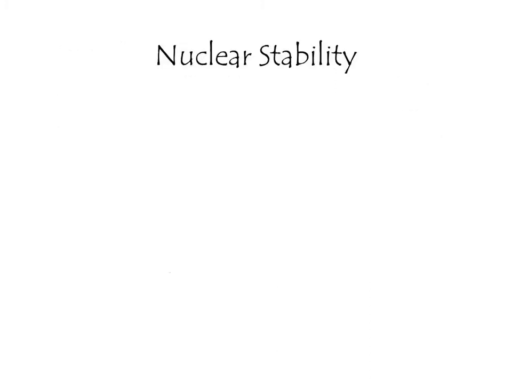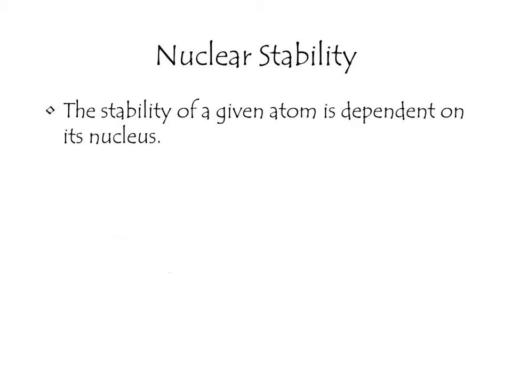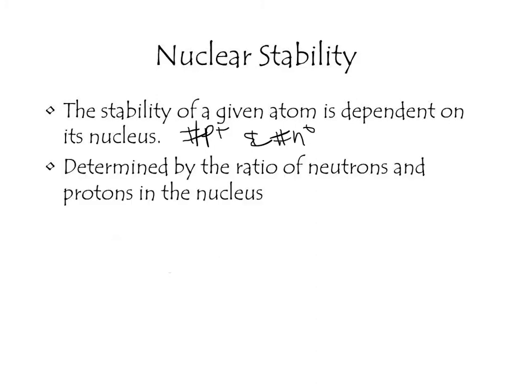So the nuclear stability of an atom really depends upon the nucleus, and basically that means the number of protons and number of neutrons. And this stability really is all about the ratio between the number of neutrons and protons.